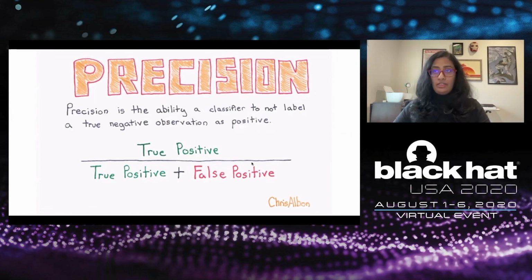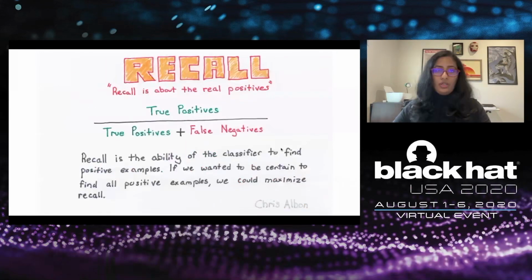So it's basically the percentage of your results which are relevant, right? Next is recall. Recall is the ability of the classifier to find positive examples. Basically, what proportion of actual positives were identified correctly. So if we want to be certain to find all the positive examples, we could maximize recall, right?